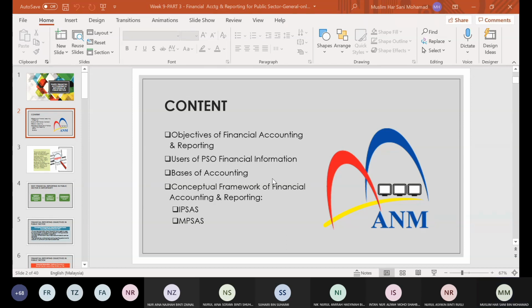Anyone? Anyone? The main difference between the funding of public sector and profit-making organizations? Any major difference? Or is it too late to ask you questions?